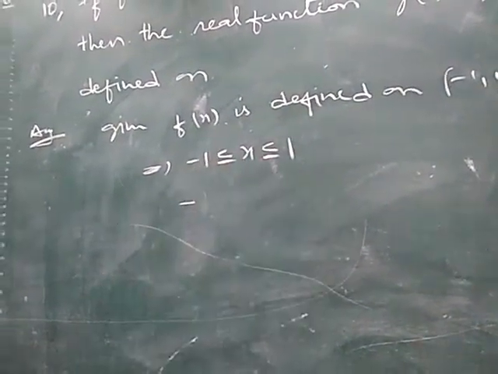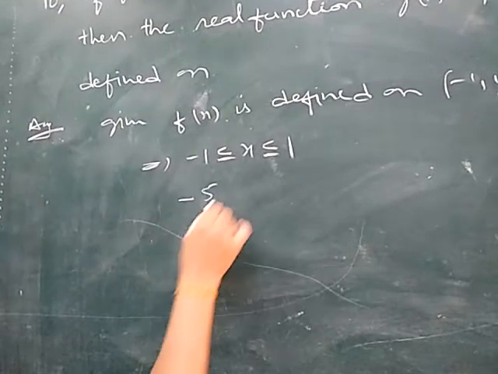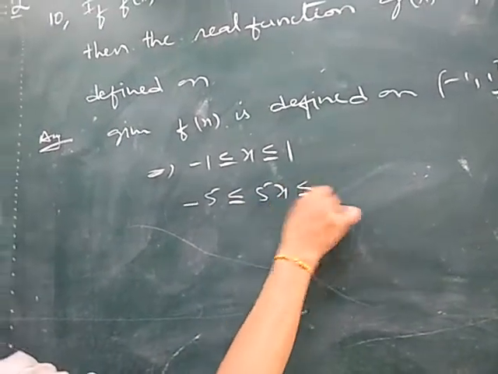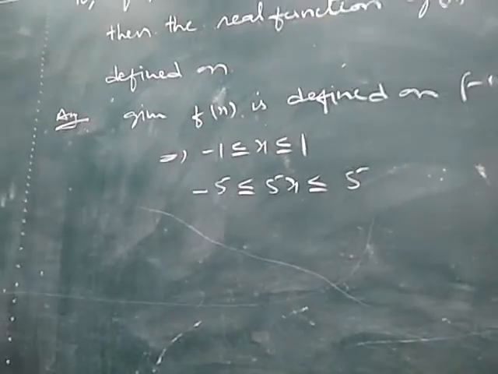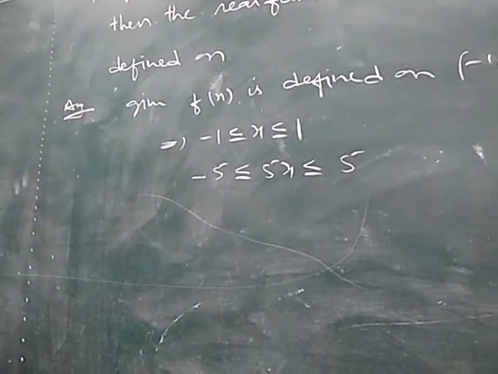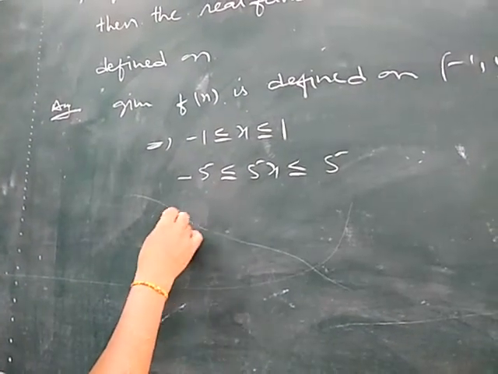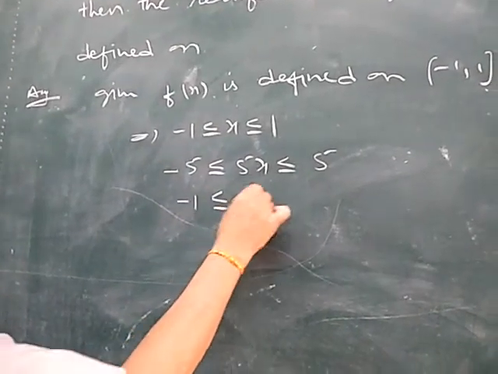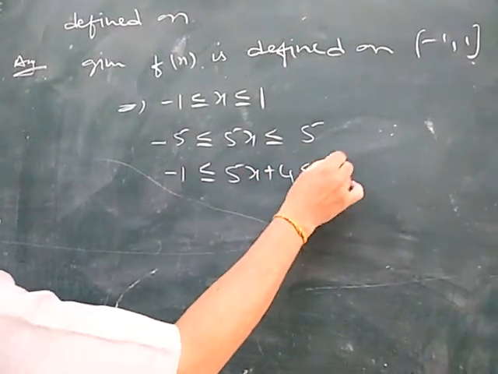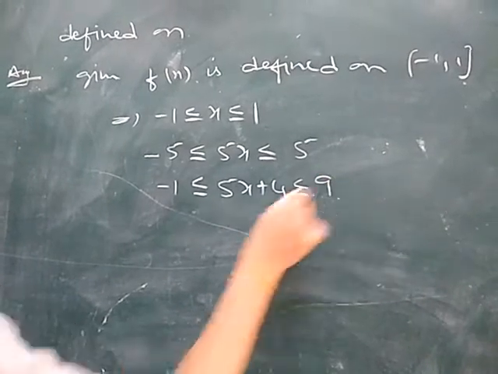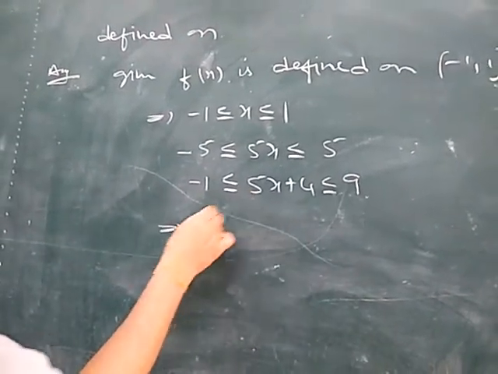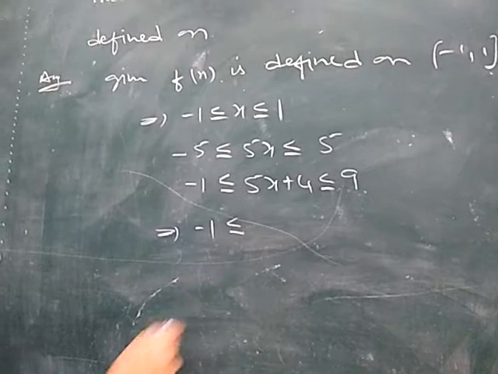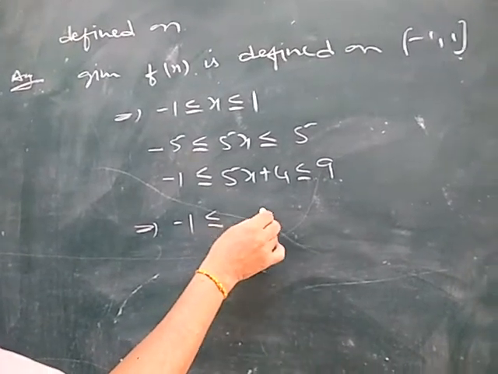Multiplying with 5, minus 5 is less than equals to 5x is less than equals to plus 5. And adding 4 on both sides, minus 1 is less than equals to 5x plus 4 is less than equals to 9. So that implies minus 1 is less than equals to g of x is less than equals to 9.